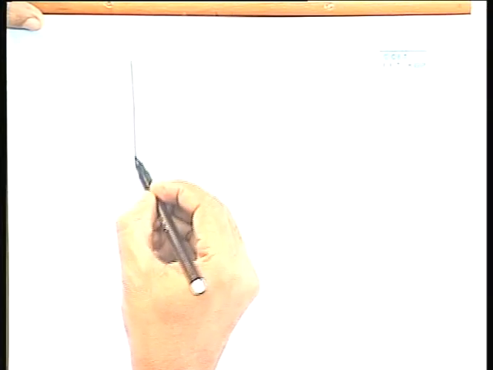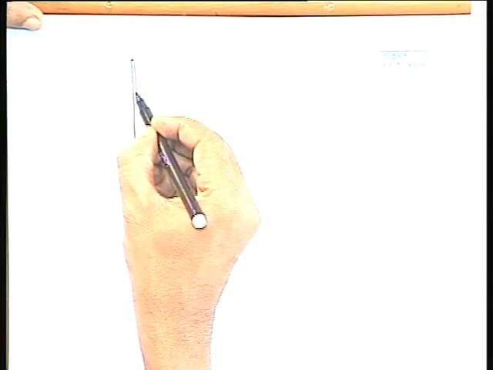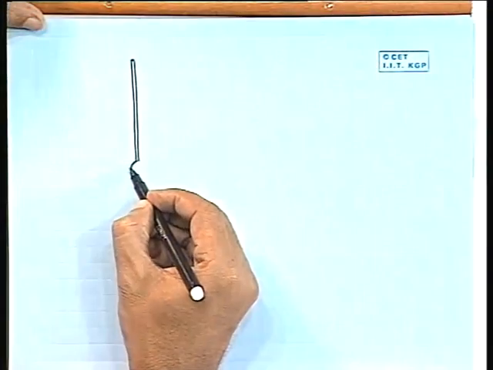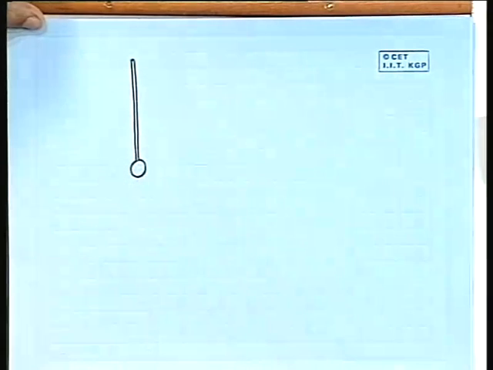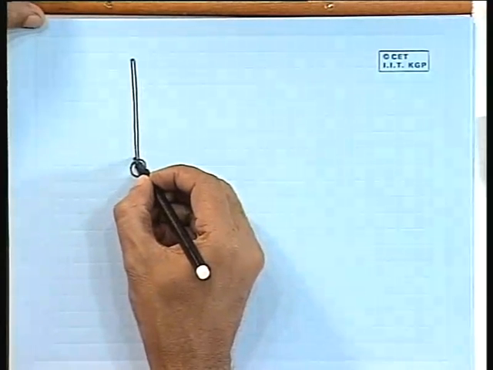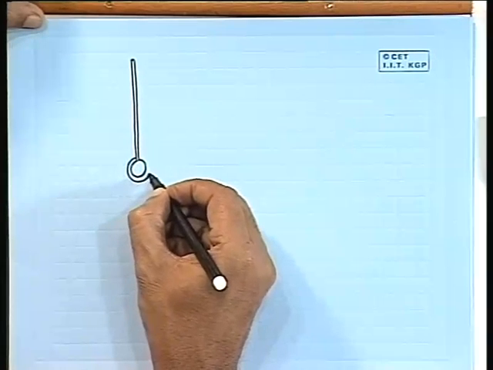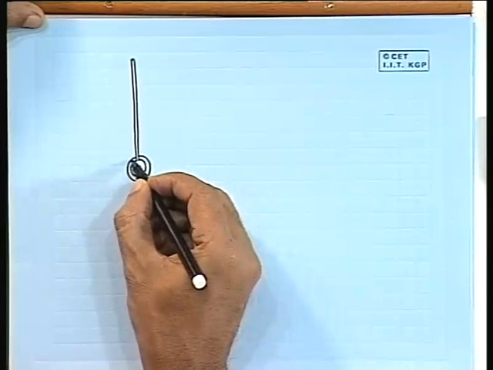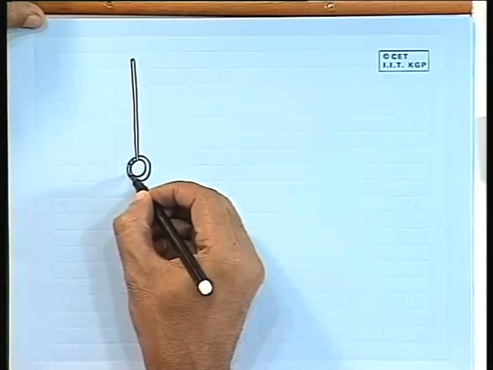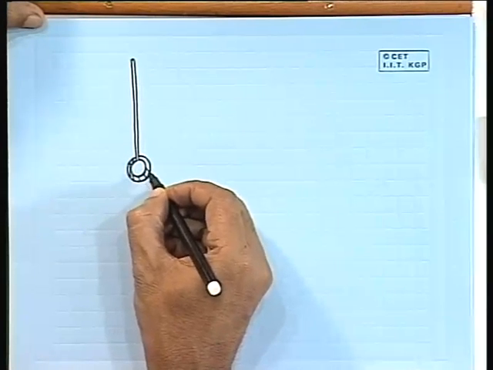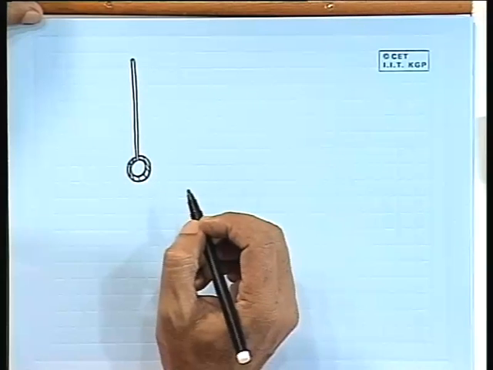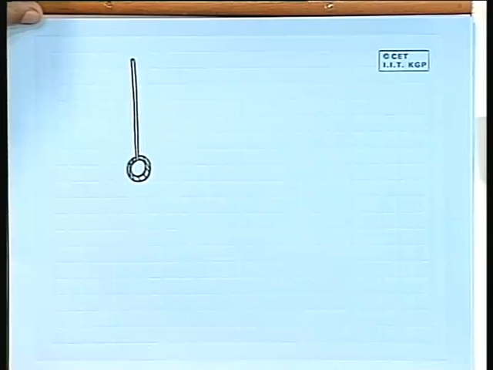See, a wet bulb thermometer, the construction is something like this. This is the bulb, basically an ordinary thermometer, and on this you have got a wet wick, which is wet with pure water.